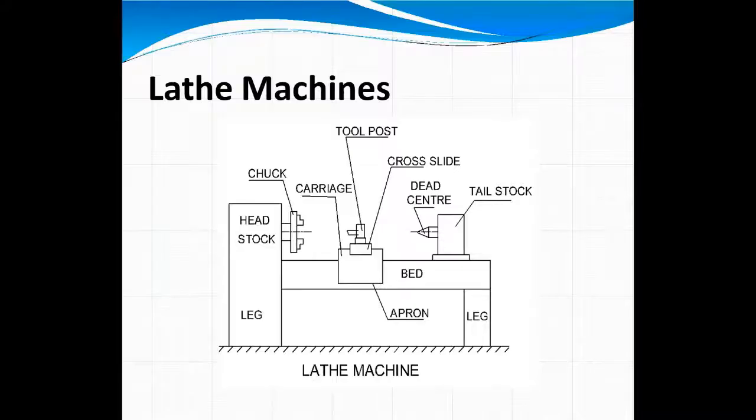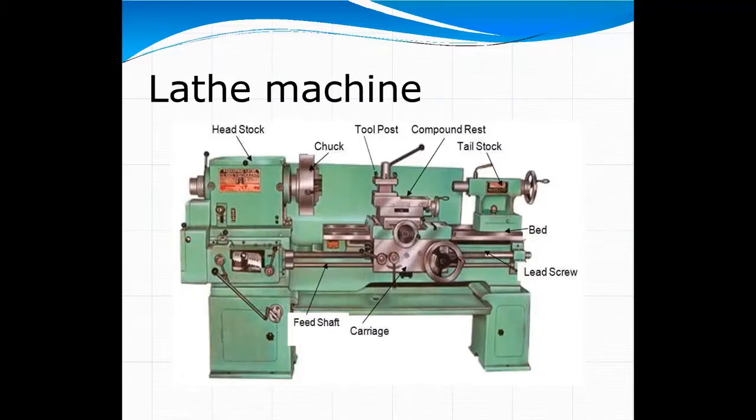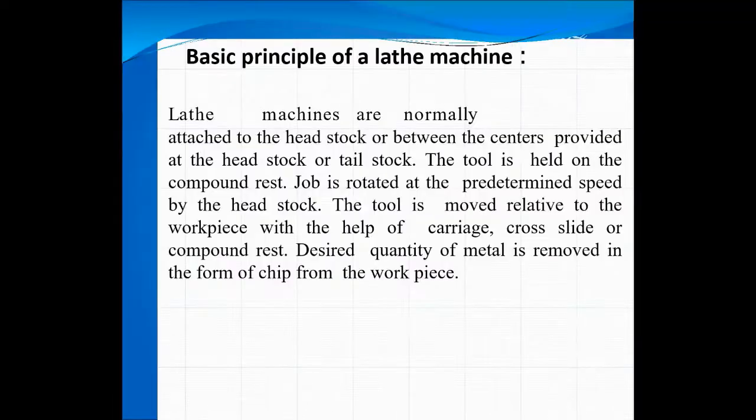Now commonly used machines are lathe machine, drilling machine, grinding machine, shaping machine, planing machine, etc. So lathe is the father of all the machines. This schematic diagram shows the important components of lathe machine.